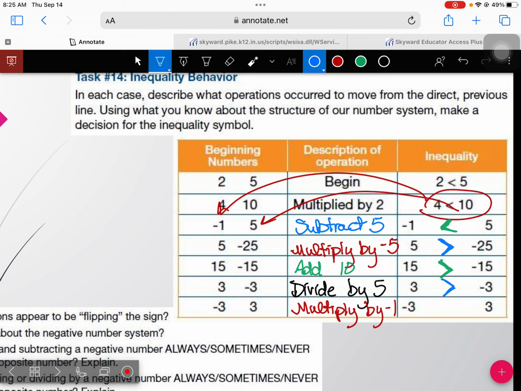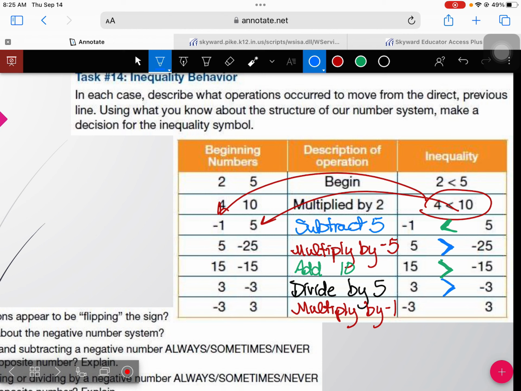What else could I have done to the last row besides multiply by -1? No, because -3 minus 6 would not give me the +3.